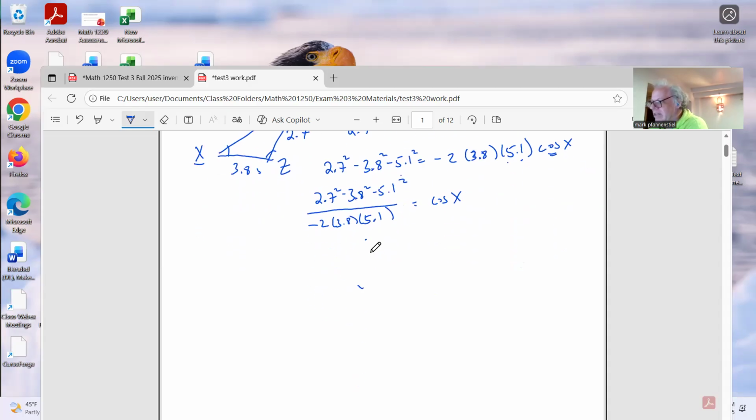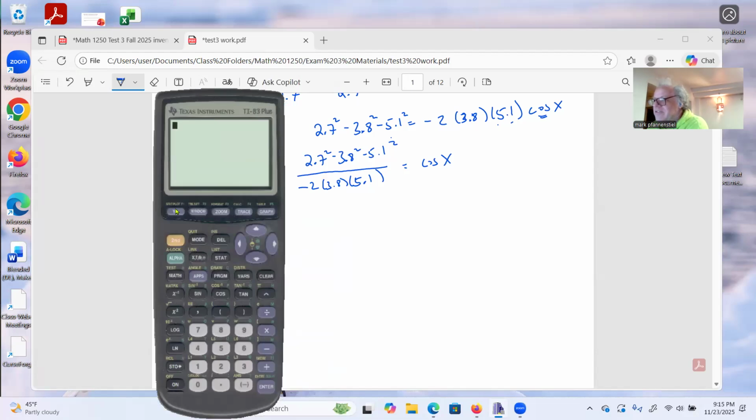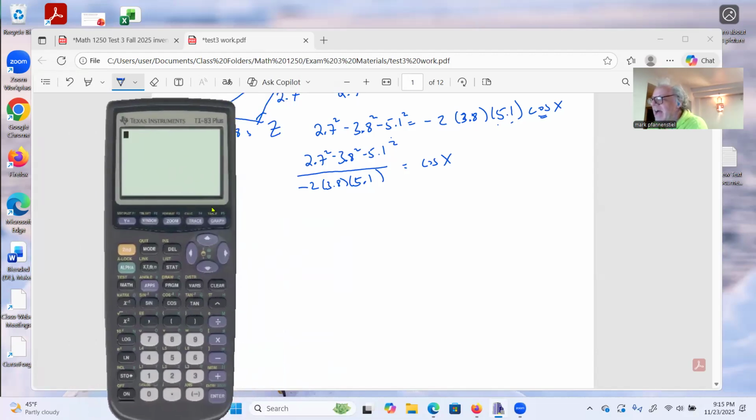We're going to use the calculator for a moment here. I know this is a fancier calculator than you guys are allowed to have, but I'm not going to use it for anything fancy. So we have 2.7 squared minus 3.8 squared minus 5.1 squared.